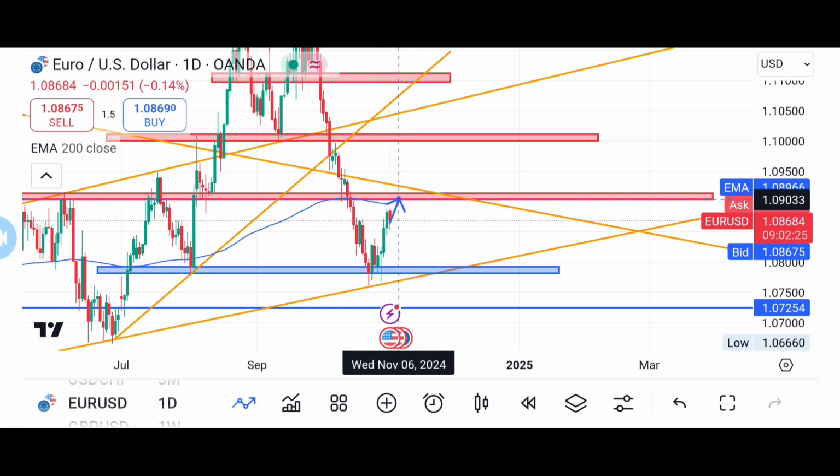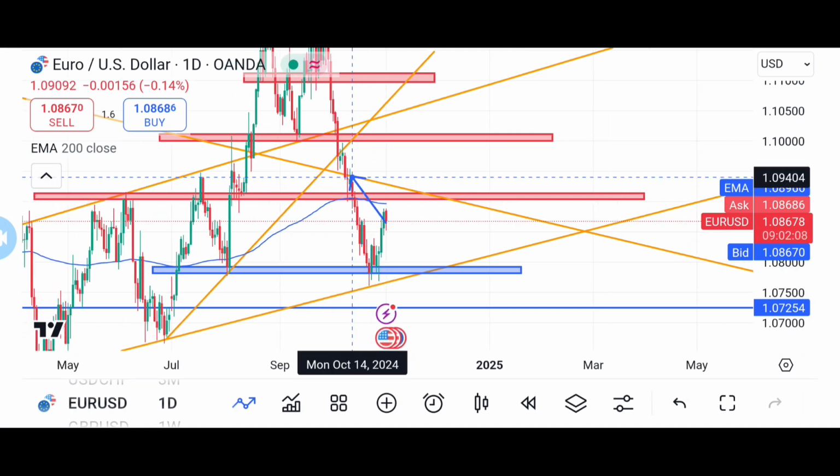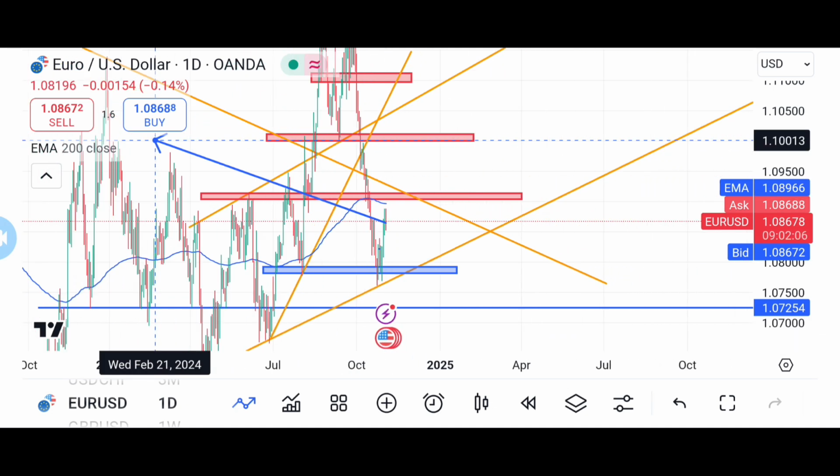And again we have this trend line, the orange trend line in my chart, which means this is a major trend line. I'll show you where the origin of this trend line is. So let us see where it started.